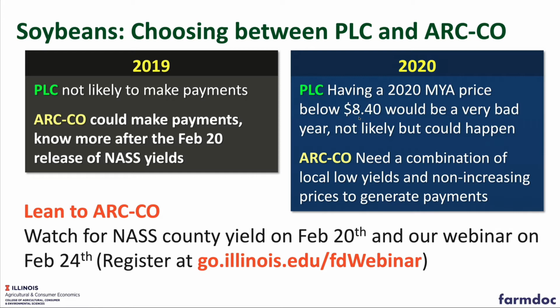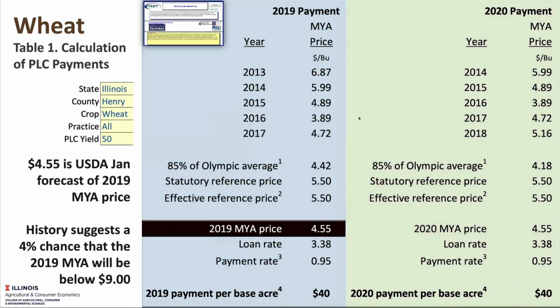Here's wheat. Henry, you can see here our effective reference price is $5.50. We won't be above the escalator cost. Right now, there's a $4.55 price projected for 2019.